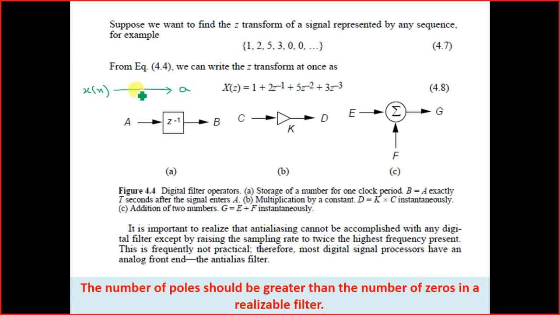So you will apply a delay to the previous instance of the signal xn. Say I get it as B. So what is B? B is basically the previous instance of A.